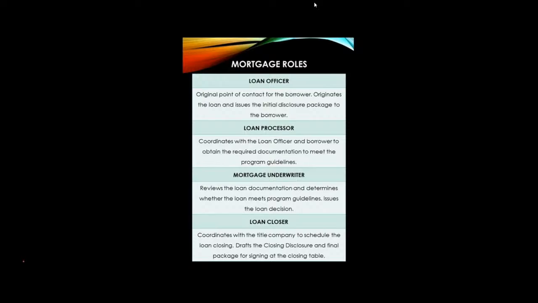So they're actually the loan officer's helper and actually our helper. Always be nice to your loan processor. They are working with you, not against you.